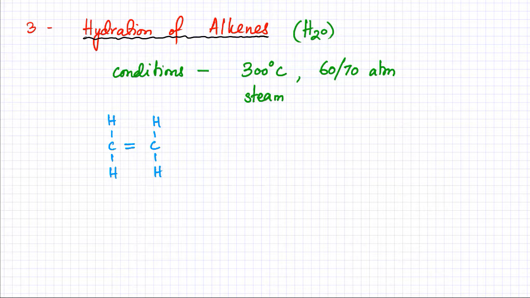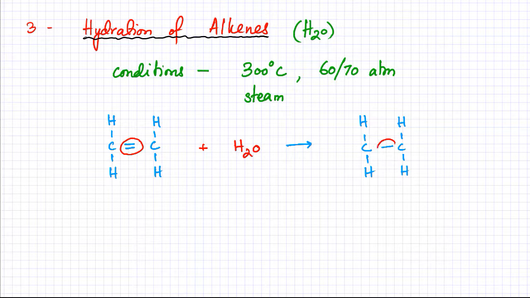So we're going to have a water molecule which is going to react with ethene, and when it reacts with ethene, again you're going to draw this ethene molecule exactly the way it is, except that instead of drawing a double bond, you're going to draw a single bond. So you're going to get rid of this double bond, and in its place you're going to have a single bond.